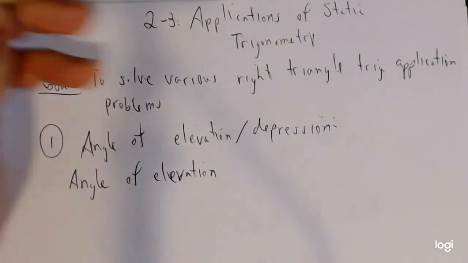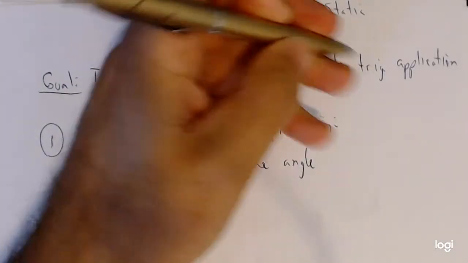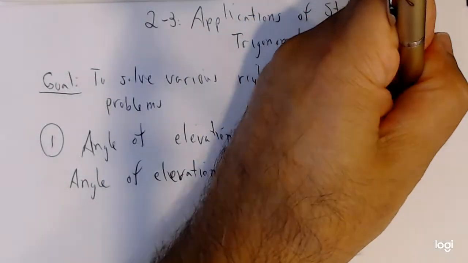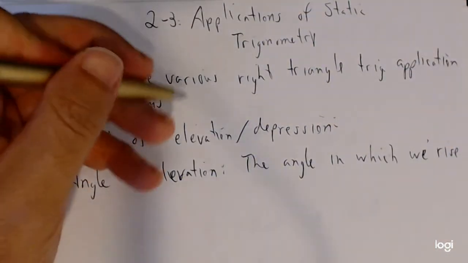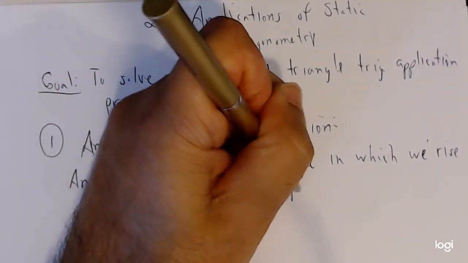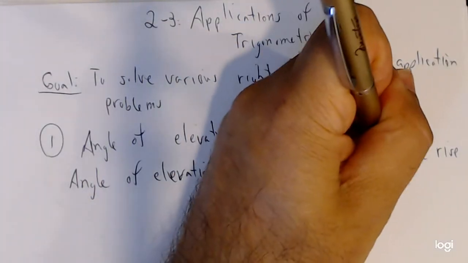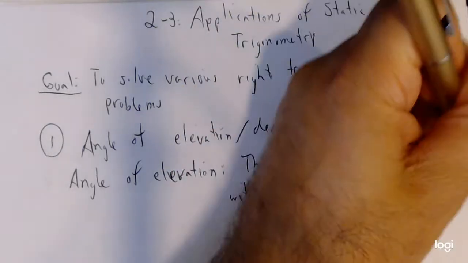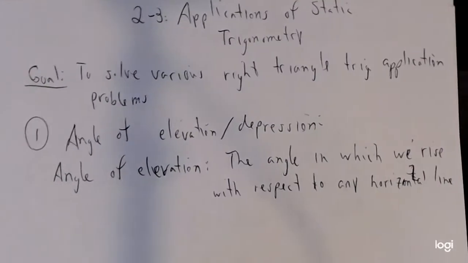An angle of elevation is the angle in which we rise with respect to any horizontal line. It's important that we point out that this is to any horizontal line.